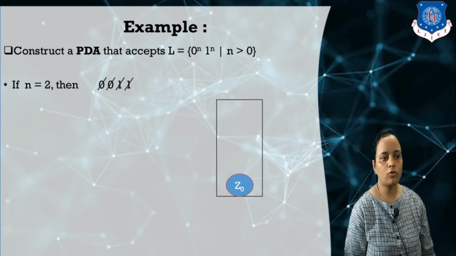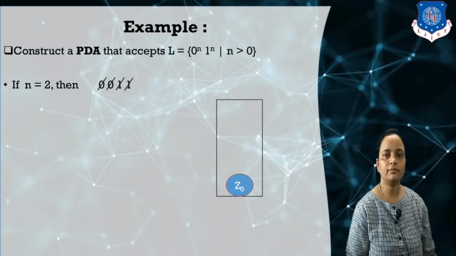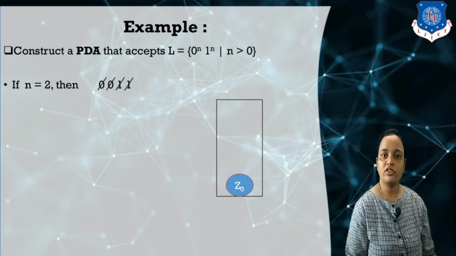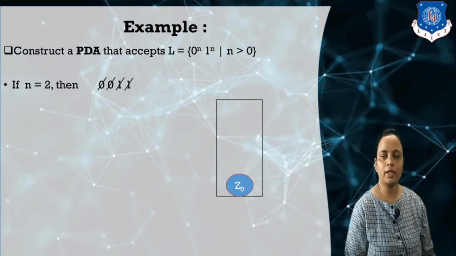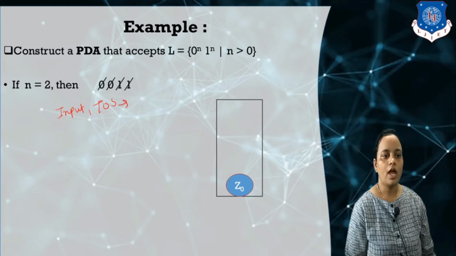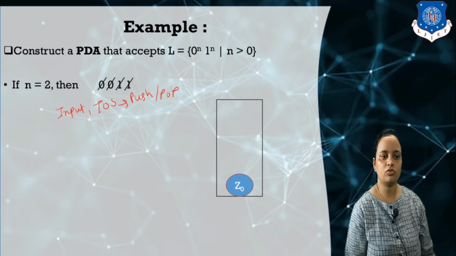So how are we going to mention them? Here you can see n equal to 2. For a 0, what are we going to do? We are performing a push operation. So my input, here I am mentioning the input. Next, the topmost symbol that the stack contained before, and push or pop. If I read the 0 input symbol, and the topmost symbol initially is Z0, what do we do?